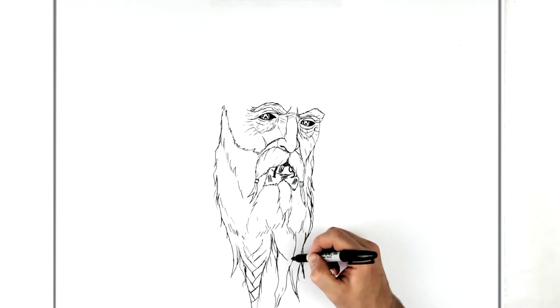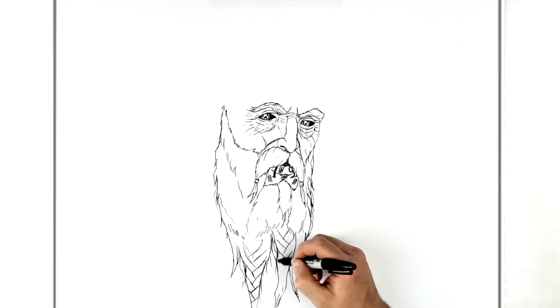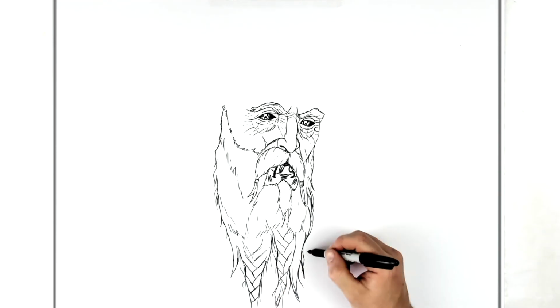The same thing over here. So just these kind of rough, kind of plaited areas like this, and then lots of sort of furry hair sticking off.